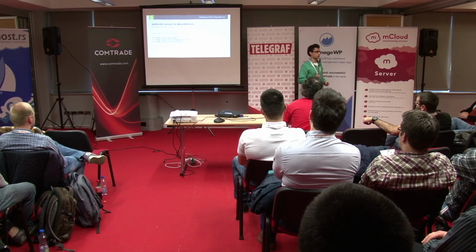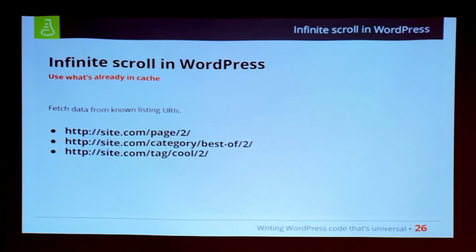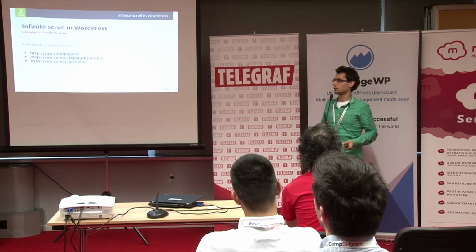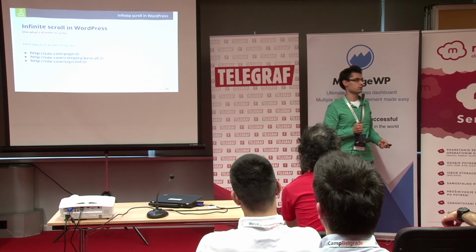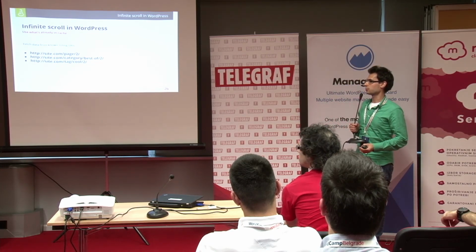A lot of sites nowadays use infinite scroll, and it's a new way to look at user experience when the user is reading content on the site. We've come across certain plugins or themes that implement infinite scroll, but instead of fetching data from URLs that are known to be standard in WordPress or would end up in a certain cache layer, they make calls directly to either admin Ajax PHP or by using get query vars, which might end up breaking the cache.